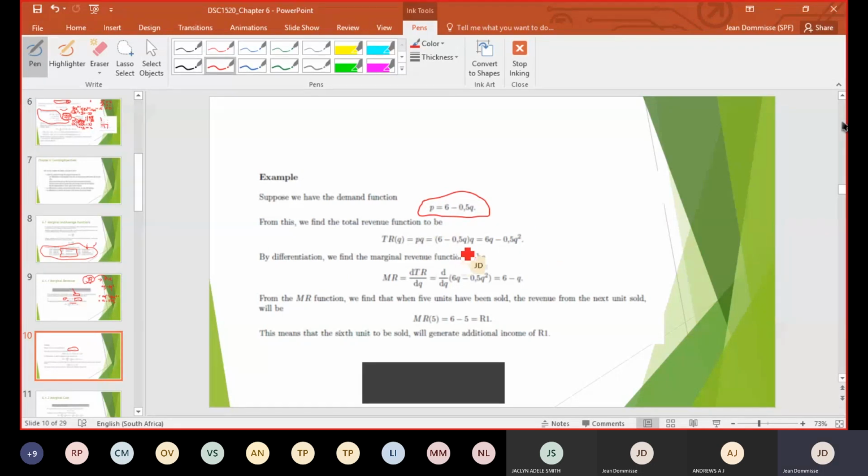So then we can say total revenue is equal to P times Q. Okay, so then let's replace the P because we now have the P. I like to write that in front just so that it is easier to work with.